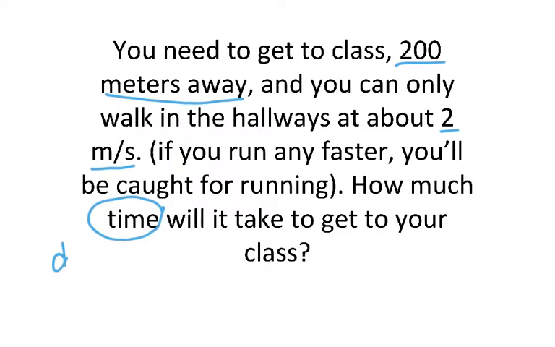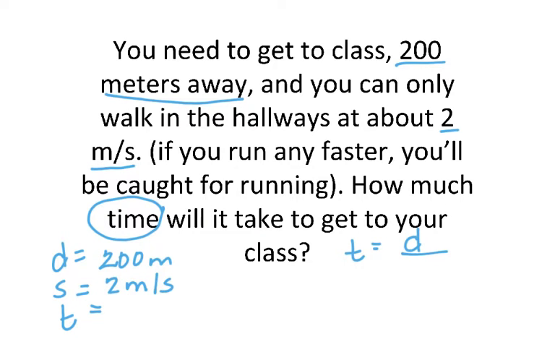So what we know is the distance is 200 meters. Your speed is 2 meters per second. And our time is going to be in seconds, but we don't know what that is. So time equals distance divided by speed.